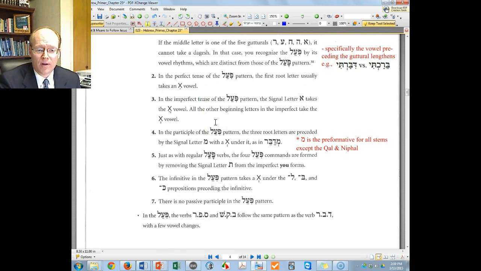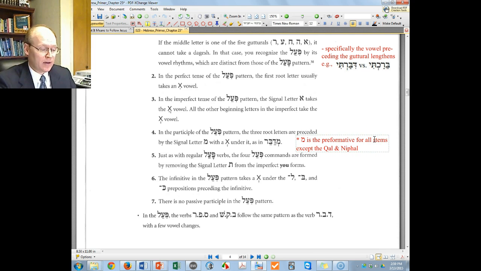The other point that I wanted to make here is number 4. And the textbook notes that in the participle of the Piel pattern, the three root letters are preceded by the signal letter mem with a shewa under it, which is of course what we'd expect because of the rest of the pattern. You might want to add to your textbook that mem is the preformative, that is the letter that's added to the stem, for all of the participial stems except the Qal and the Niphal.